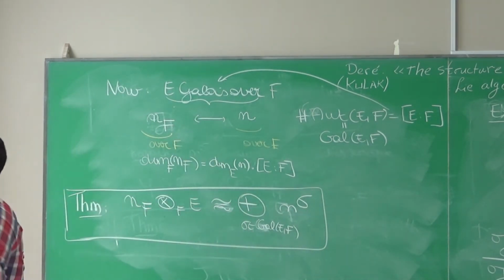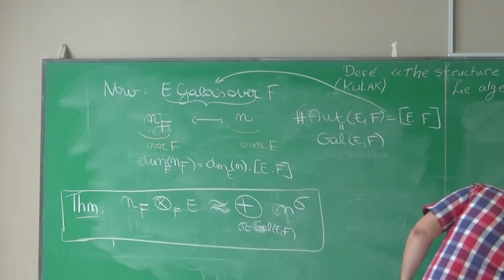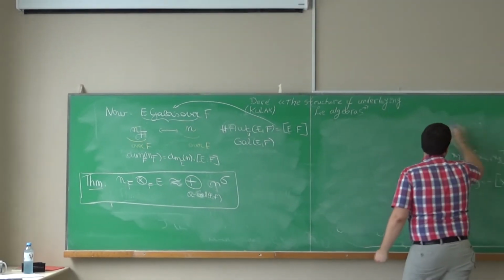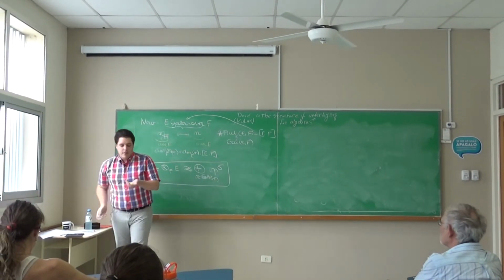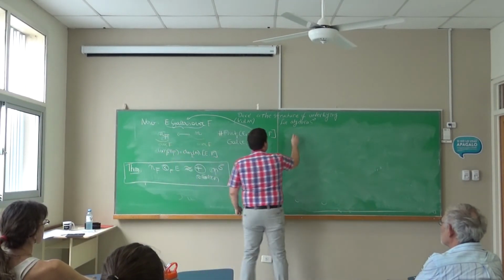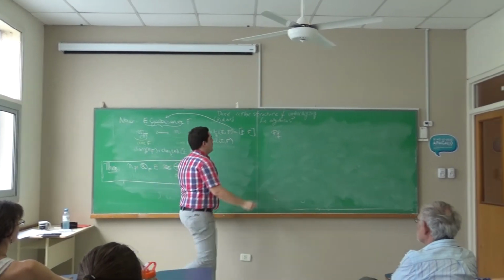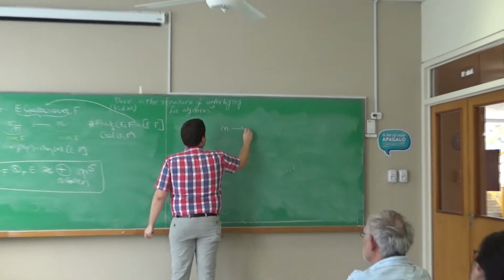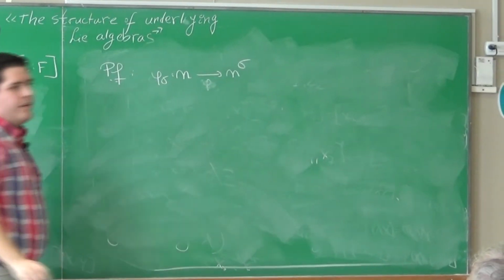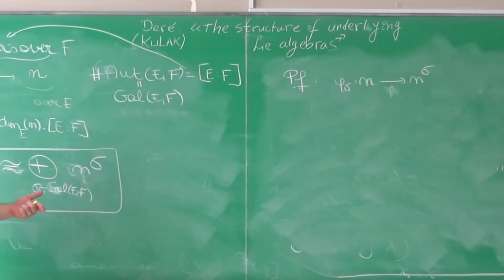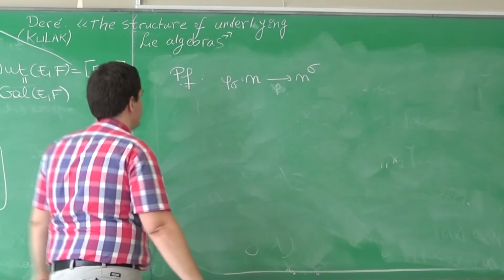And the proof, I will not give the full proof, although it's not that hard. But the isomorphism you get for free. I mean, showing it is an isomorphism is maybe a bit more work, but giving the isomorphism is really easy. Why? Well, from N to N sigma, you always have this map phi sigma, the sigma-linear isomorphism. That's how we defined N sigma. So there is always a natural map going from N to N sigma.